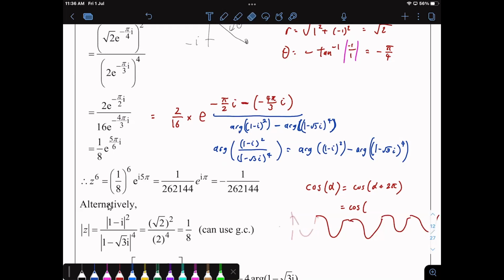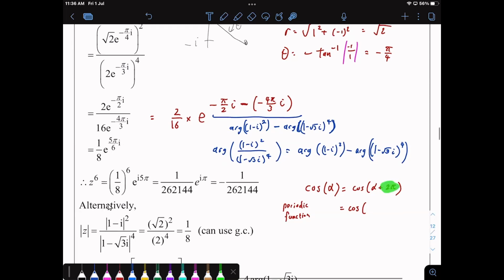This is what we call a periodic function. Whenever you add on a certain amount, it just repeats itself and it stays equal. Likewise, if you add on another multiple of 2 pi, so now it becomes 4 pi, add on another multiple of 2 pi, you get to 6 pi. Or even if you subtract, let's say cosine alpha minus 2 pi or minus 4 pi, it will always be equal. Does it make sense?